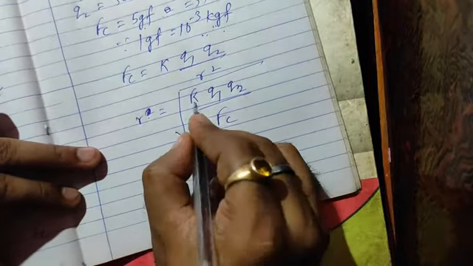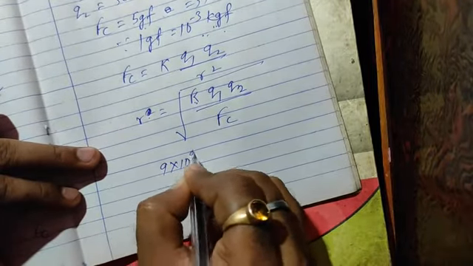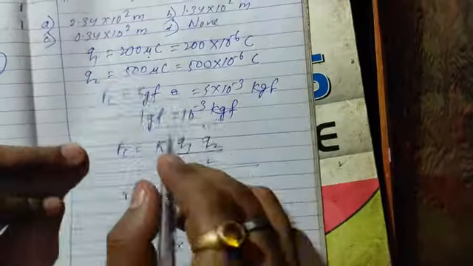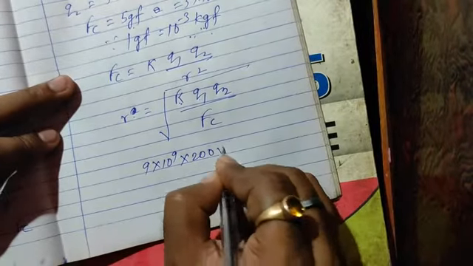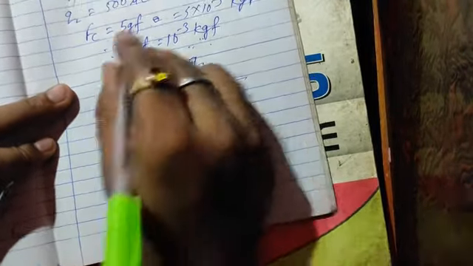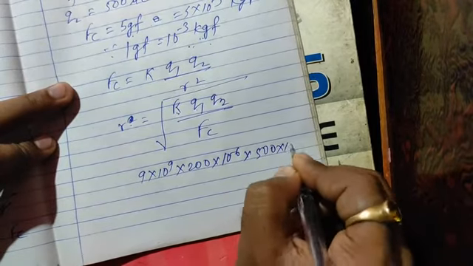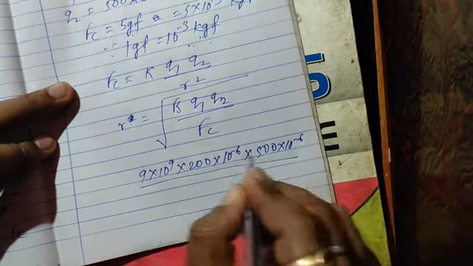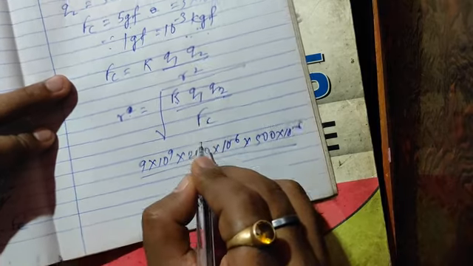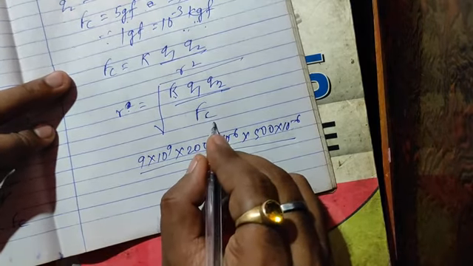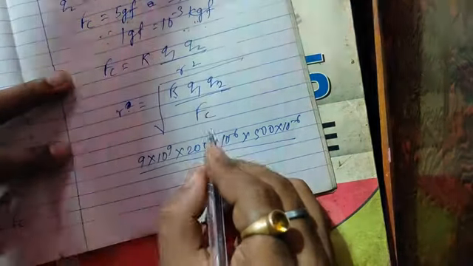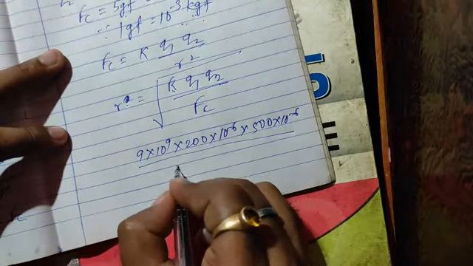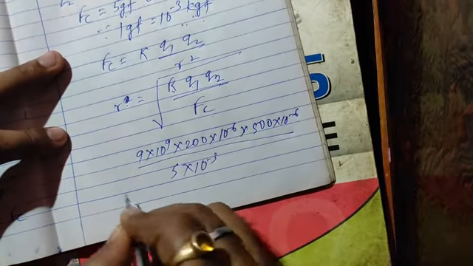Putting in the values, K has a value of 9 into 10 to the power 9, Q1 is 200 into 10 to the power minus 6, Q2 is 500 into 10 to the power minus 6, divided by the Coulomb's force, that is 5 into 10 to the power minus 3.